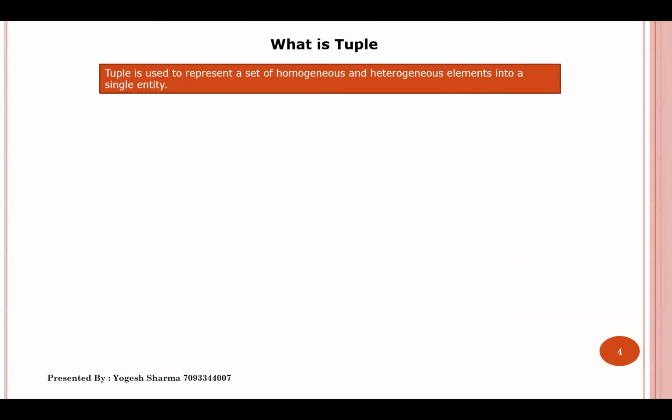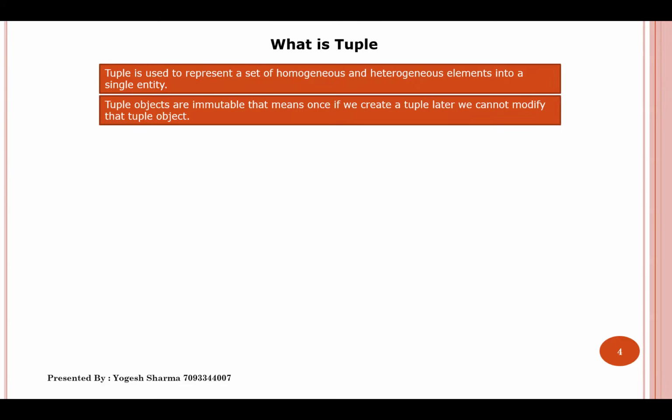But maybe if someone forgot, the simple meaning is: homogeneous means similar kind of elements and heterogeneous means different kinds of elements. So any collection is able to keep heterogeneous elements, meaning you can keep string, integer, decimal, boolean, any value.